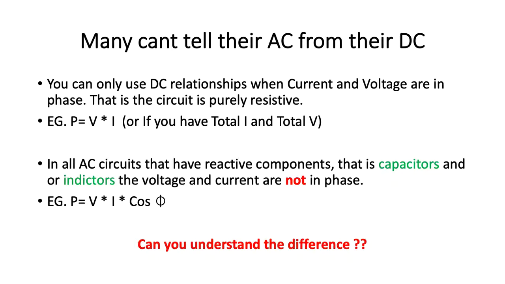So you need to understand the difference between those two things. I find many students trying to apply Ohm's law in AC circuits without understanding that Ohm's law will only work in a purely resistive AC circuit.